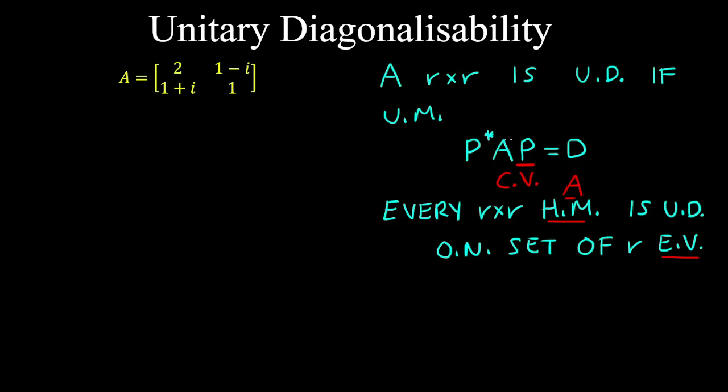So note that there are other matrices other than Hermitian matrices that can be unitarily diagonalized, and these are called normal matrices, which have the property of the conjugate transpose times the matrix being equal to A times the conjugate transpose. And now we'll develop a process for unitarily diagonalizing a Hermitian matrix using an example.